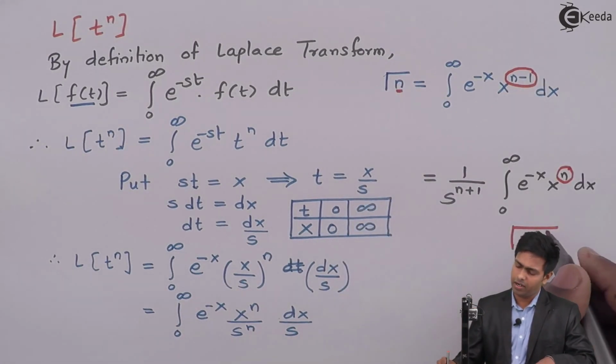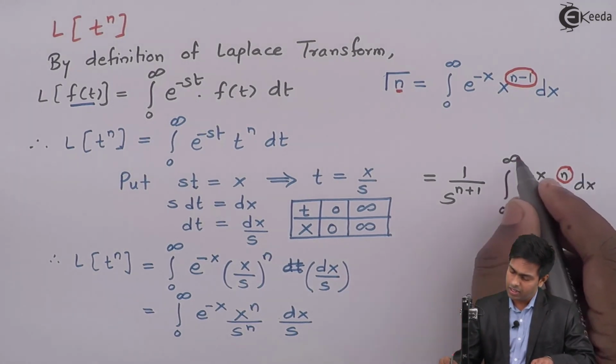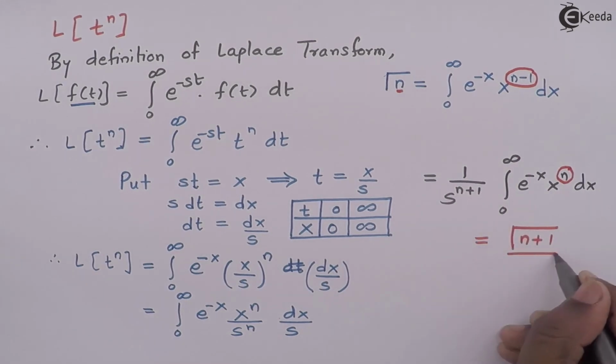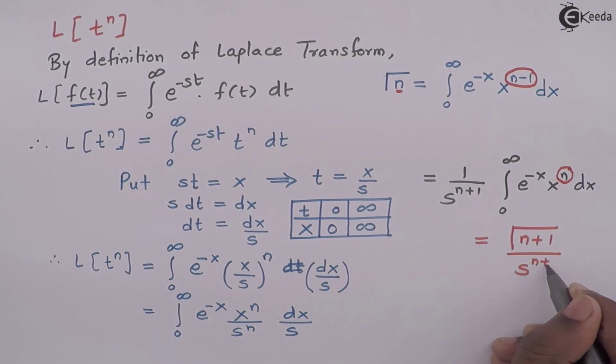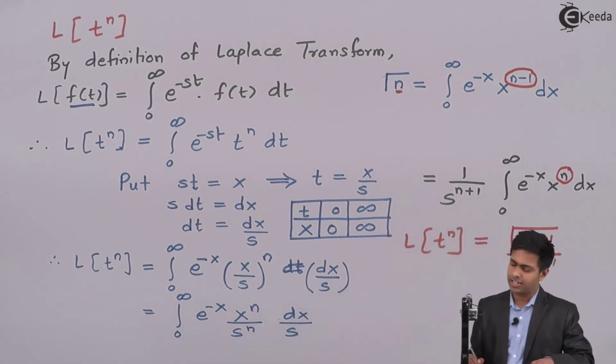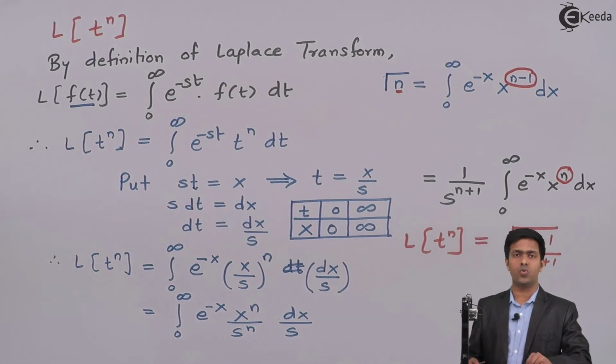So in gamma we will get n plus 1 since the power of x is n, and outside the bracket we have 1 upon s raised to n plus 1 which will go in the denominator, and here we got the Laplace of t raised to n as gamma n plus 1 upon s raised to n plus 1.